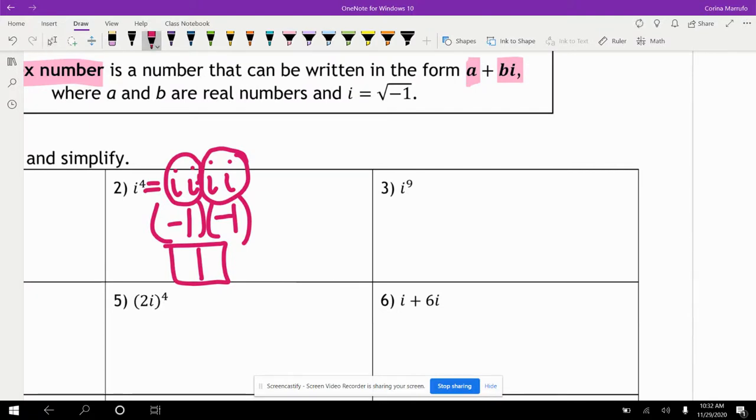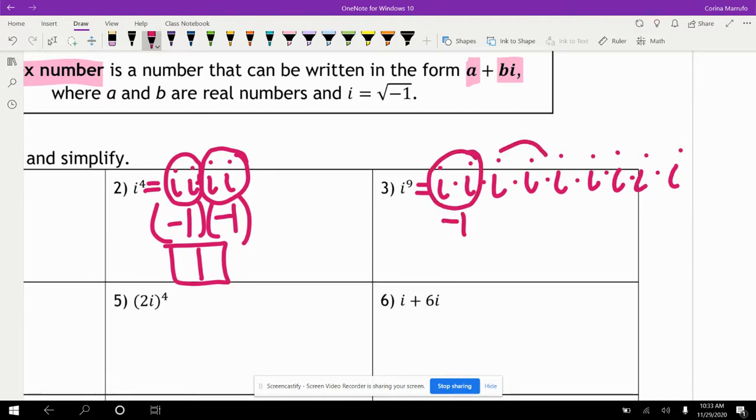We have i to the ninth power, that's going to be equal to i times i times i times i times i, nine i's in total: 1, 2, 3, 4, 5, 6, 7, 8, 9. Then remember, every i squared is equal to -1.